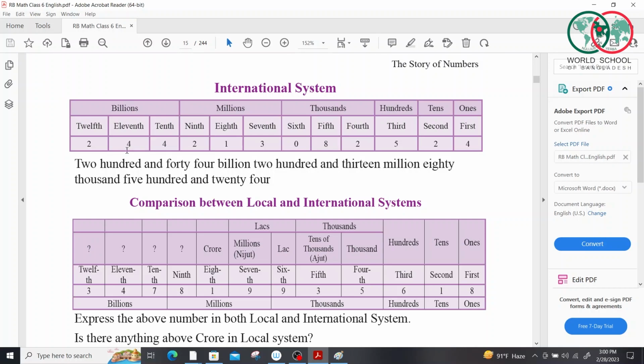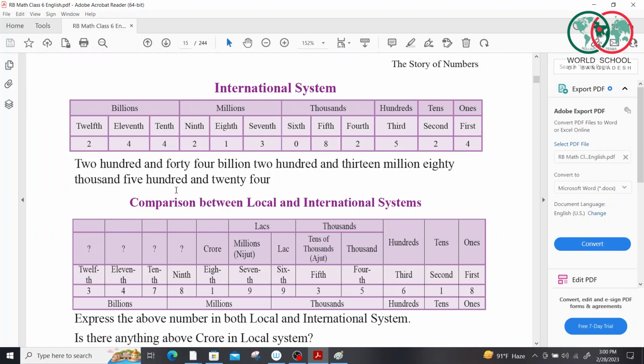So if we are asked to write 244 billion, 230 million, 80,524. So 24: in 1 place 4, in 10 place 2.